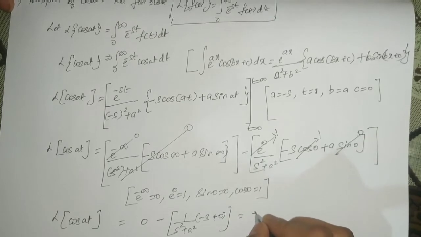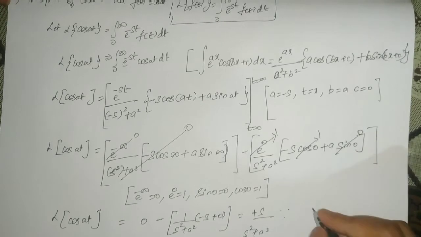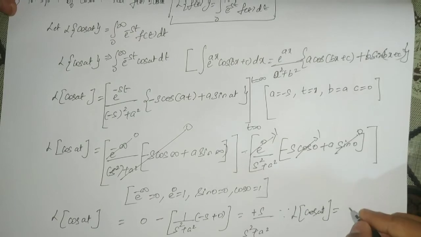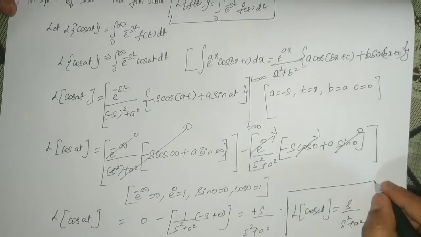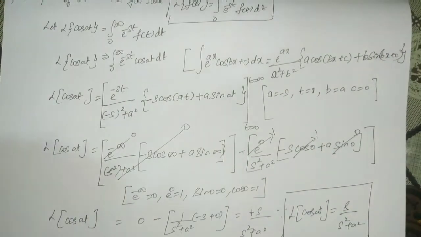So we have minus of minus s, that is plus s, by s square plus a square. Therefore Laplace transform of cos at is equal to s by s square plus a square. This is a standard formula for Laplace transform of cos at.